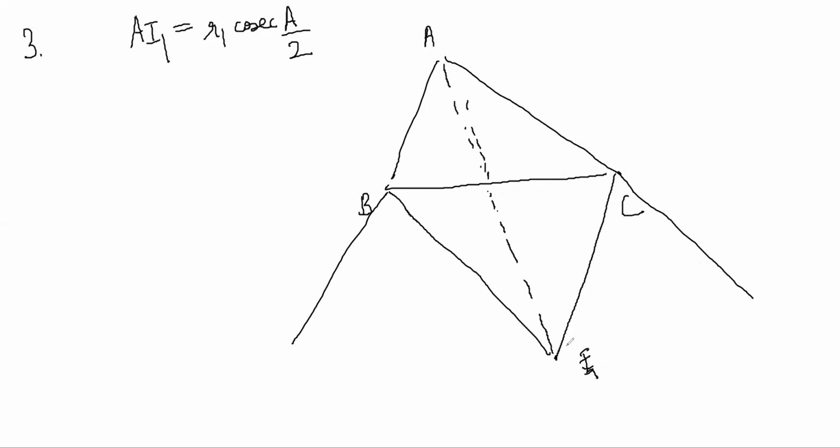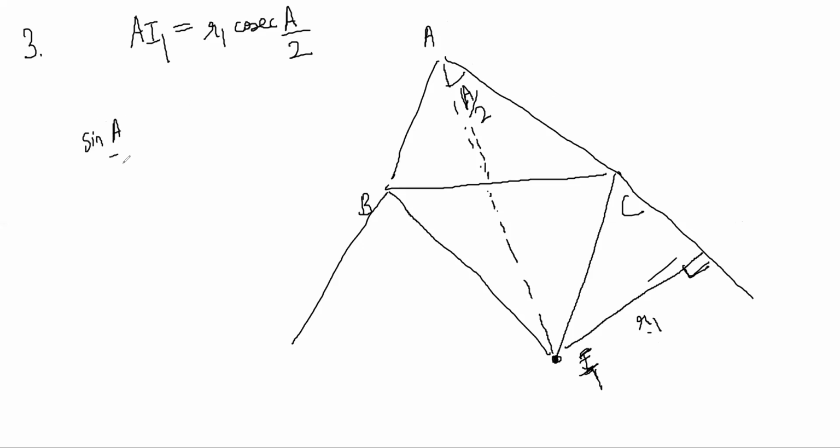But what is R1? R1 is the radius of this circle, so perpendicular upon this side, right? So AI1 is this, and this is R1, and this angle is A by 2, no? So sine A by 2 is what?